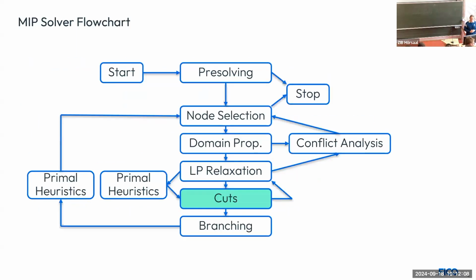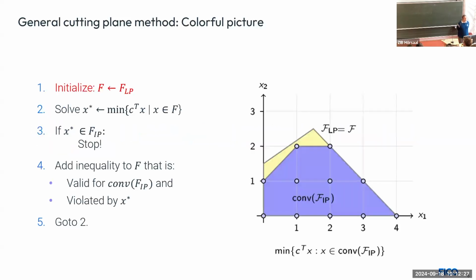Okay, back to our MIP solver flowchart. Where are we? We are here in this tiny little extra loop inside the big branch and bound loop, the cutting plane loop, inside which the general cutting plane method is executed. So this is the first algorithm that was presented for integer programming, Gomory's cutting plane method.